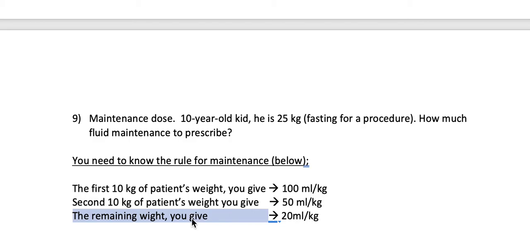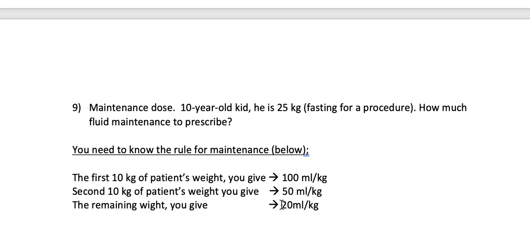And for the remainder of his weight, you multiply 20 by the weight, so it's 20 mils per kilogram. So 100, 50, 20. Say it every night so you don't forget it. If any of your doctors ask, remember 100, 50, 20. So if you remember this, you can solve this question.